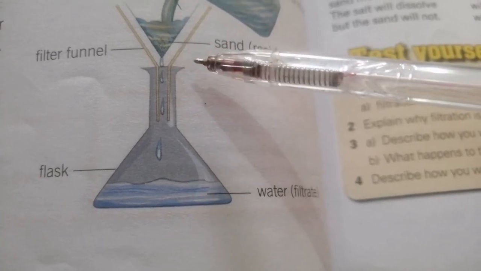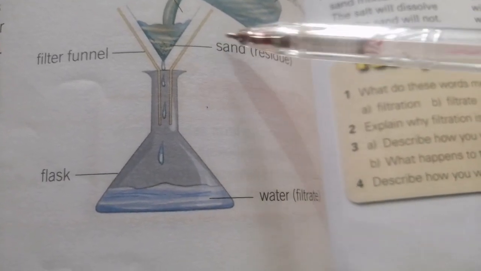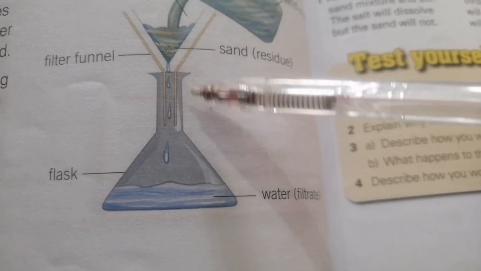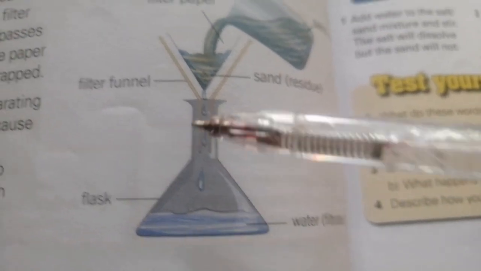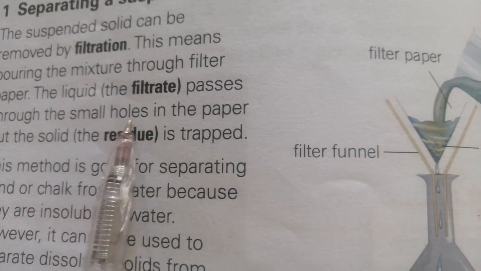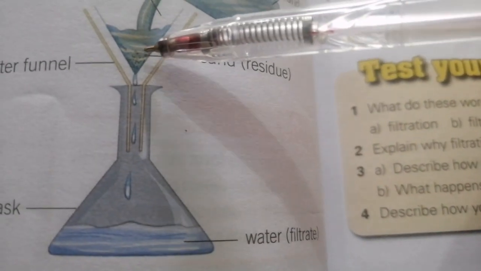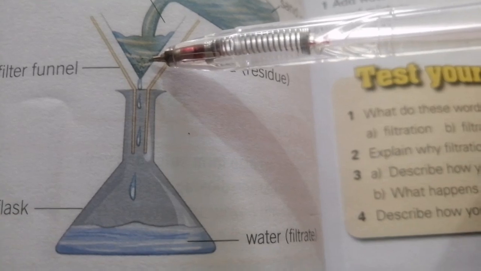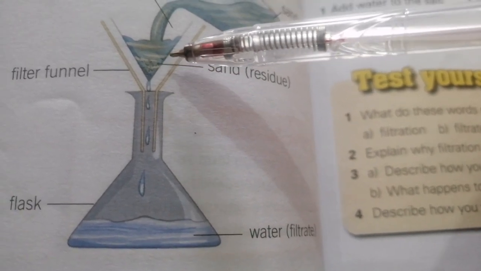Now I'm going to tell you the reason why the sand particles are trapped as residue over the filter paper and why the water drops pass through the filter paper. As you can read from here, there are small holes in the filter paper. Actually, we cannot see these holes because these are microscopic holes or pores, or you can also say openings.